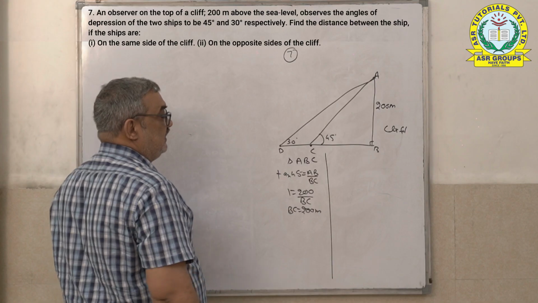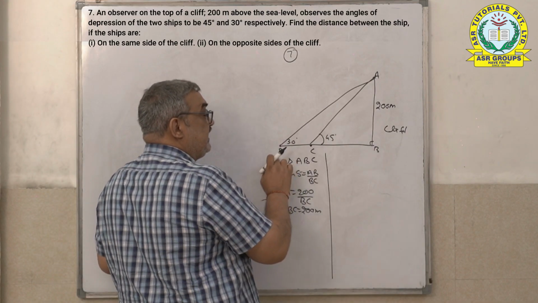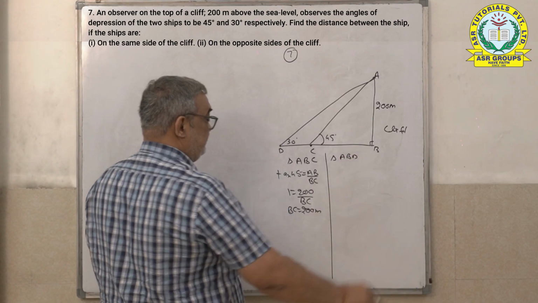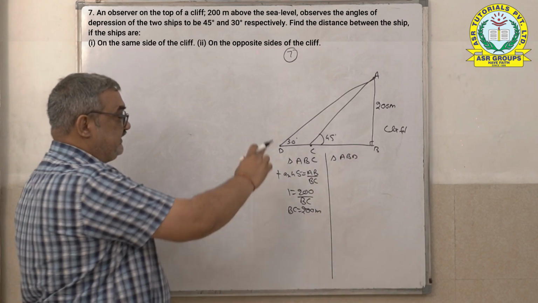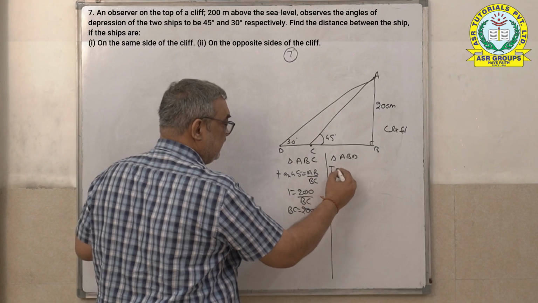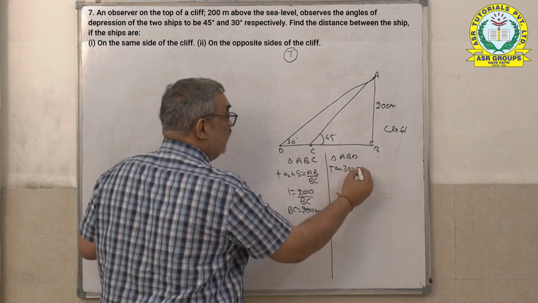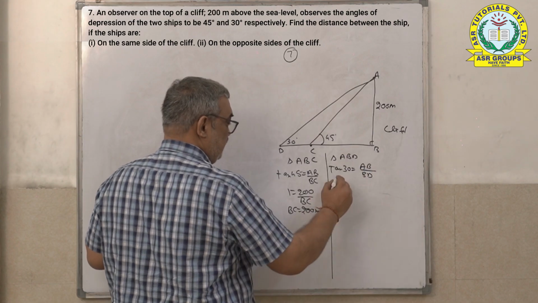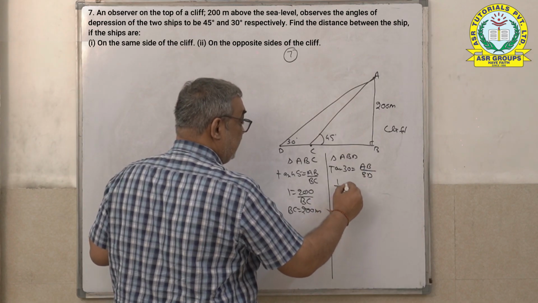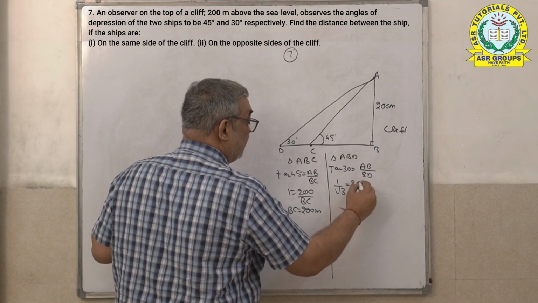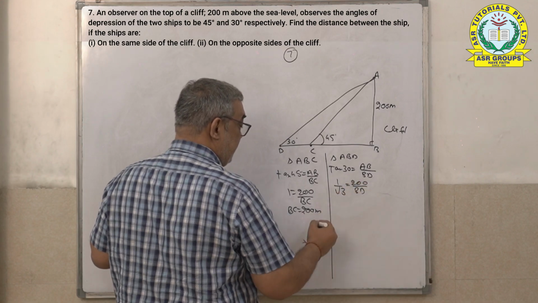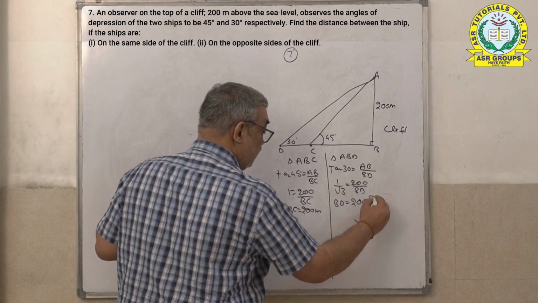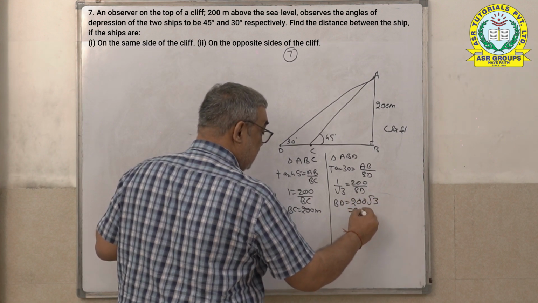Now to find BD, use triangle ABD. Tan 30 equals AB upon BD. 1 over root 3 equals 200 upon BD. So BD equals 200 root 3.